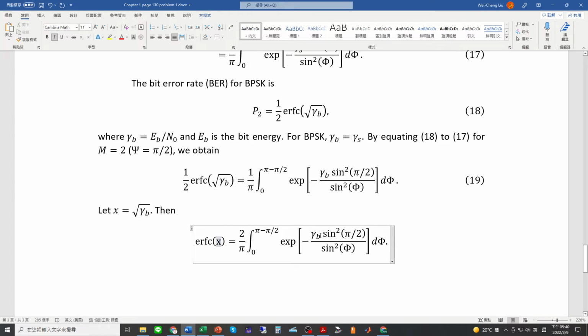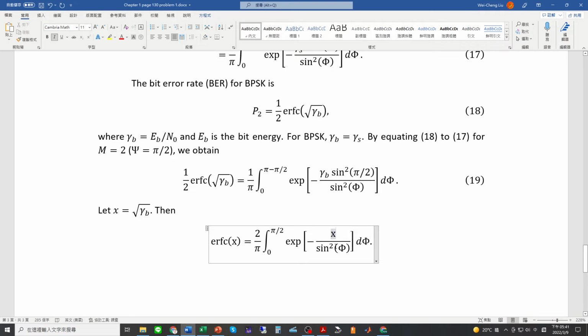So here gamma b is also equal to x. And pi minus pi over 2 is equal to pi over 2. And the exponential minus x times sine square of pi over 2. Because sine of pi over 2 is equal to 1, this term can be cancelled like this.